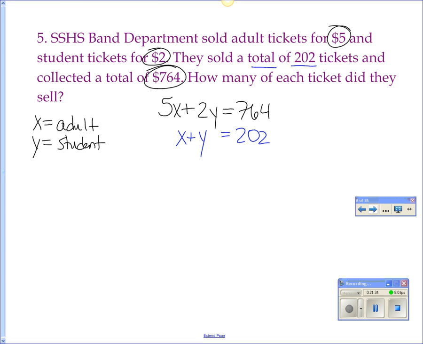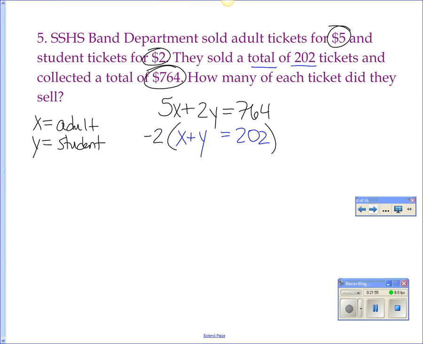All right. Now we're ready to solve it. So this is a multiply, multiply, cancel, cancel. Madison, what do you want to multiply? So she's focusing on the 2y and y. So what do we need to multiply the bottom one by? -2. Very good.